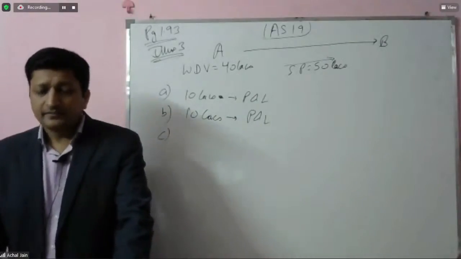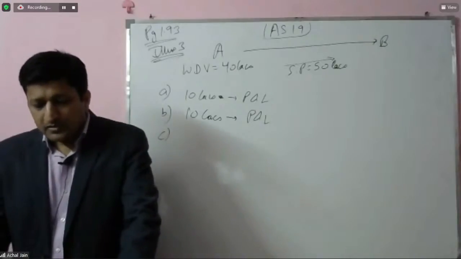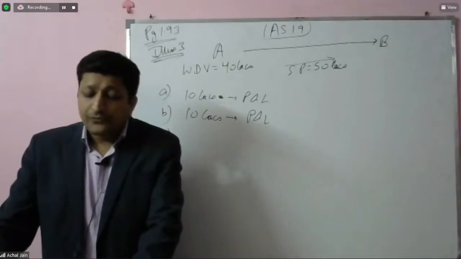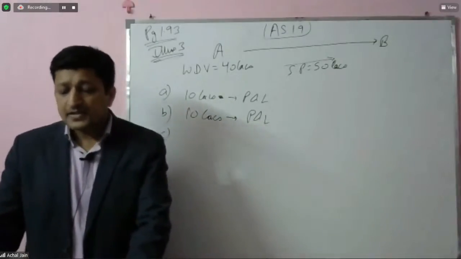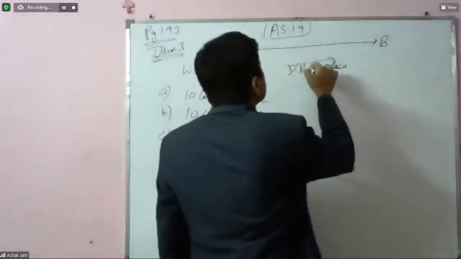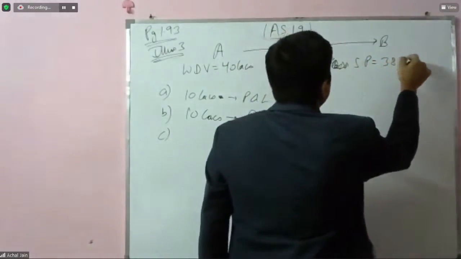Situation number 3. Fair value is 45 lakhs and the sale price has been changed. So now we are not saying it's 50 lakhs. We are saying sale price is 38 lakhs.